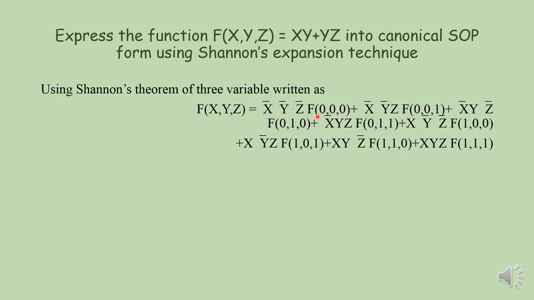Now we see what the value of this function is, that is f 0 0 0, f 0 0 1, f 0 1 0, f 0 1 1, f 1 0 0, f 1 0 1, f 1 1 0 and f 1 1 1. So the next step is to find the functional value of each term.